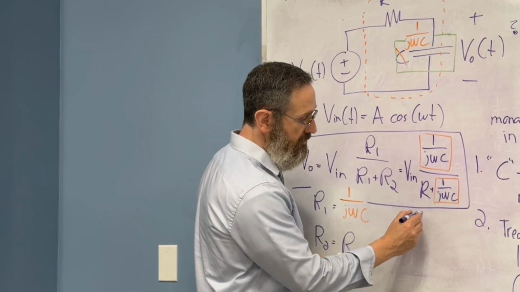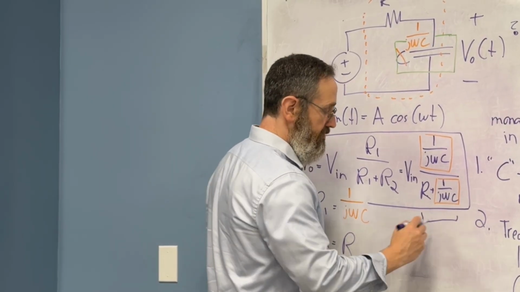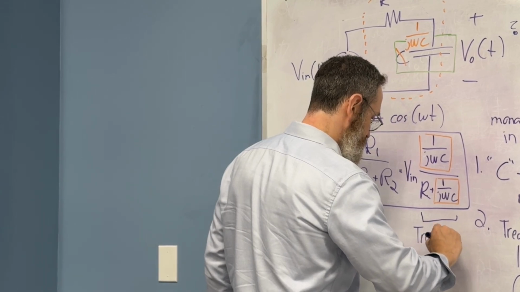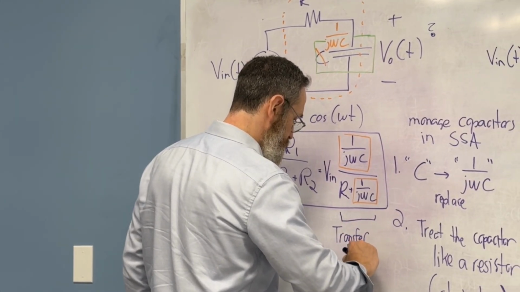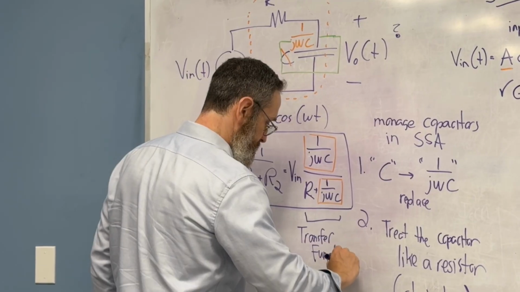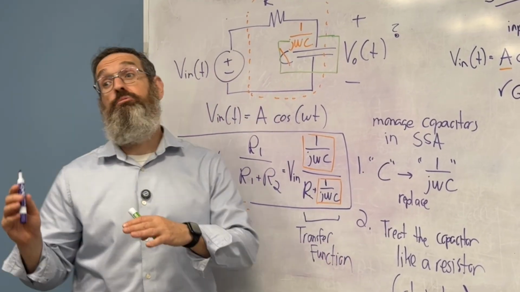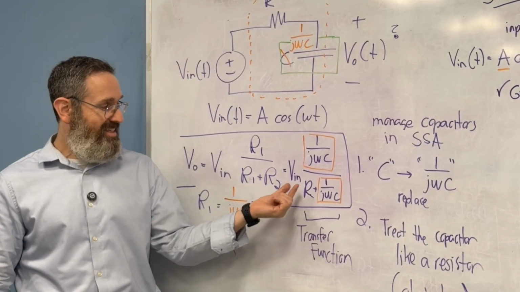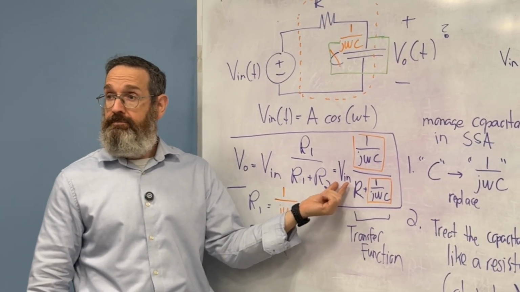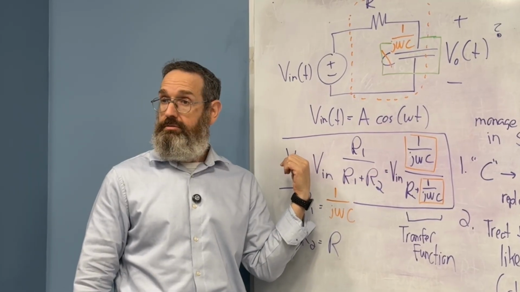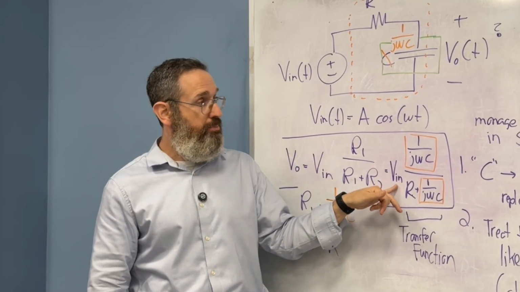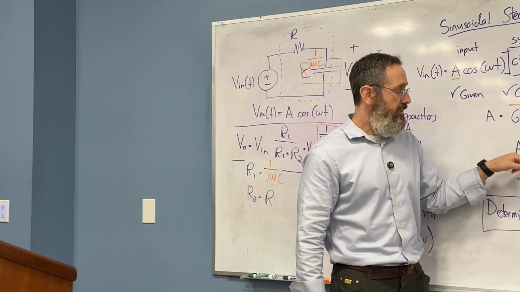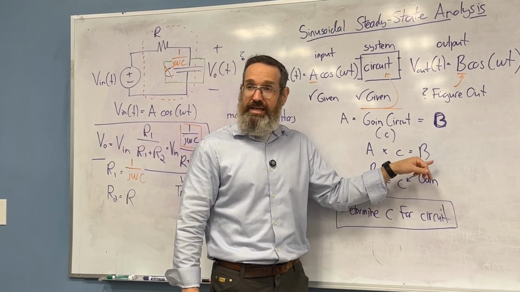This thing here is the transfer function. Okay, now I'm using the word transfer function. The transfer function takes the input and gives you the output. Specifically, the input times the transfer function equals the output.